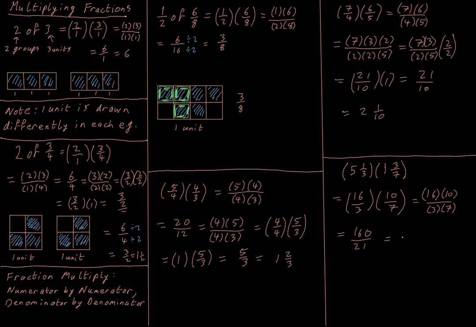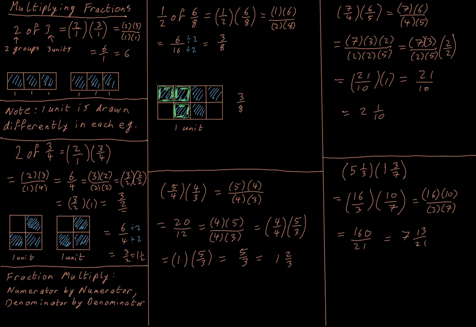And 160 all over 21 is 7 13/21. So see how many times the number divides in, and then write your remainder as your fraction. So we have 7 plus 13/21. And that is what we need for multiplying fractions.